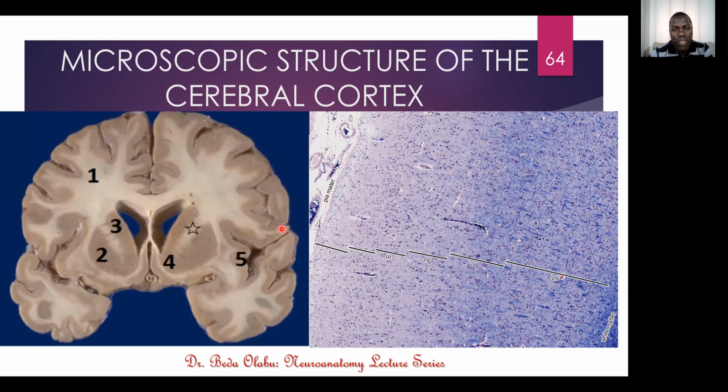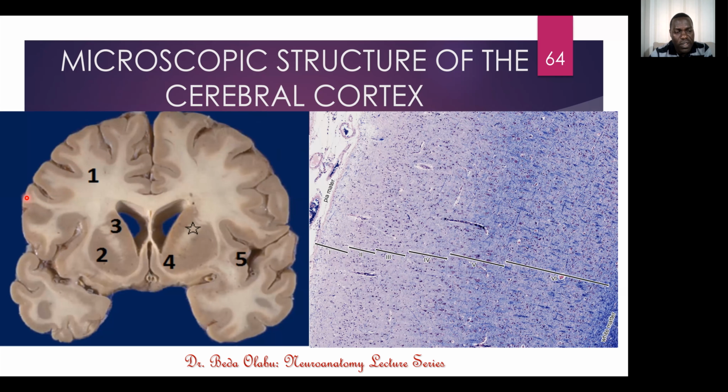Let's talk about the microscopic structure of the cerebral cortex. Having mentioned that this outer layer of gray matter is the cerebral cortex, usually, the cerebral cortex is about 2 to 4 millimeters thick.